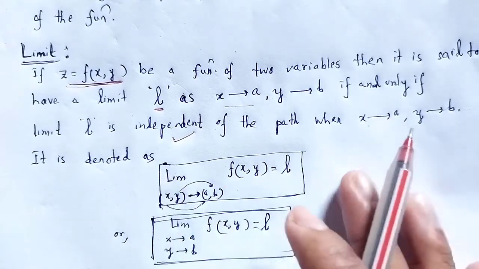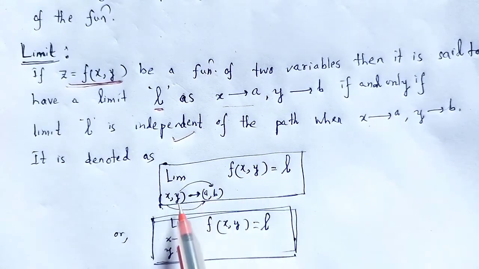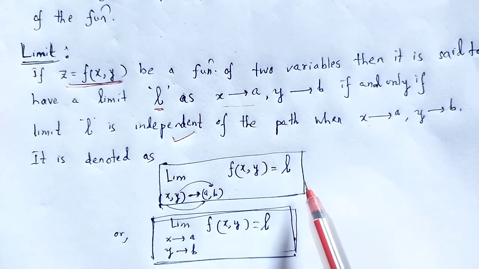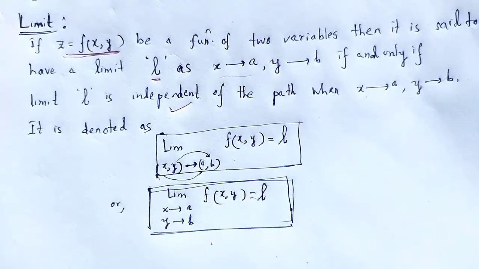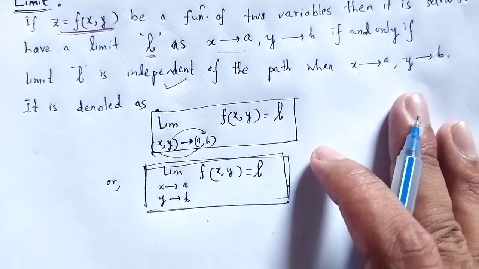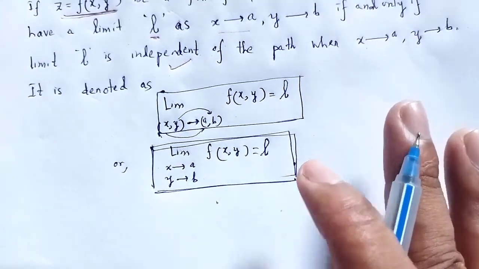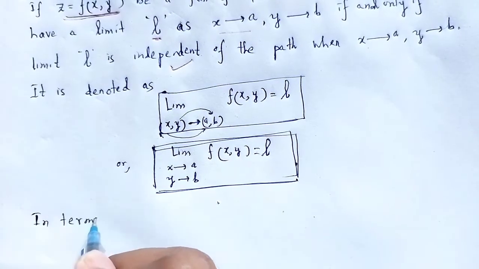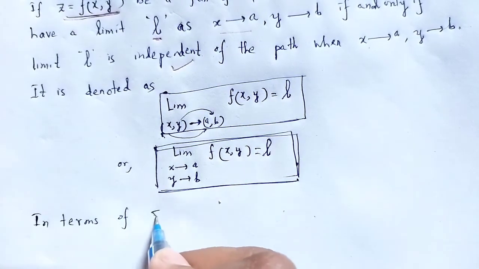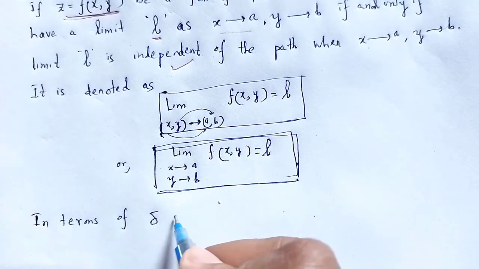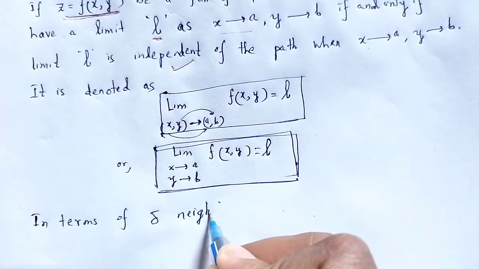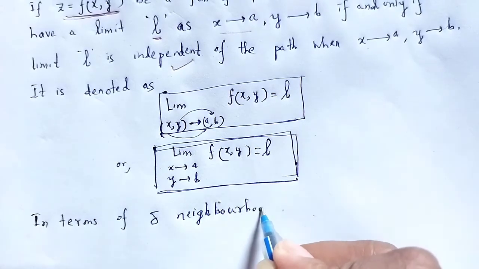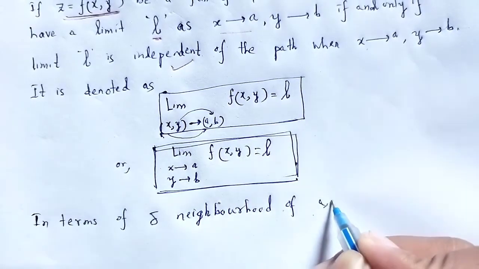So in a writing way we can write it as limit of (x, y) tends to (a, b), f of (x, y) is equal to small l. In a further manner, or in delta notation, we can define the limit concept in terms of delta neighborhood of (a, b).